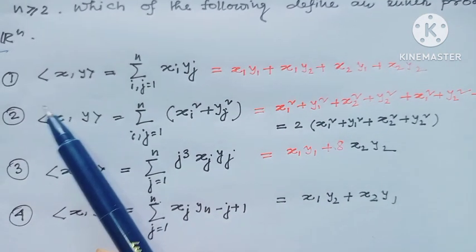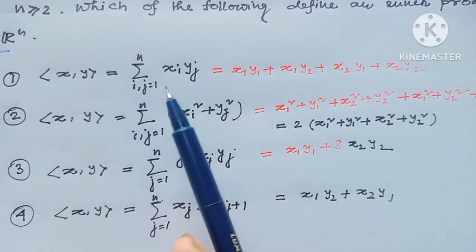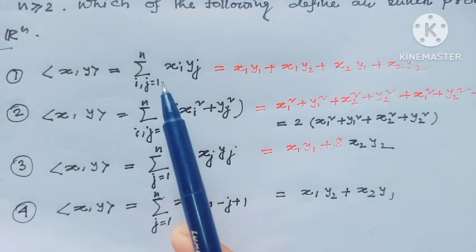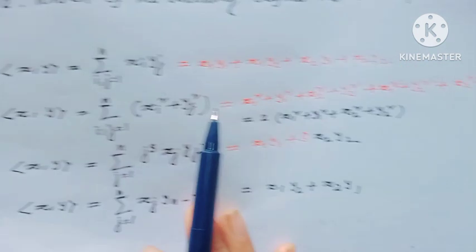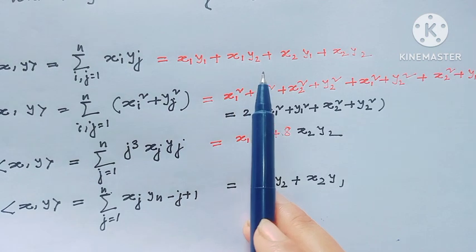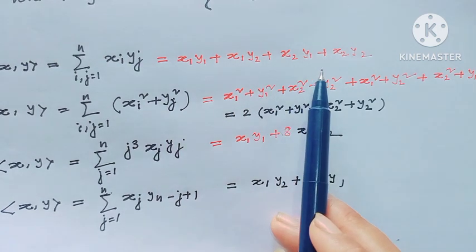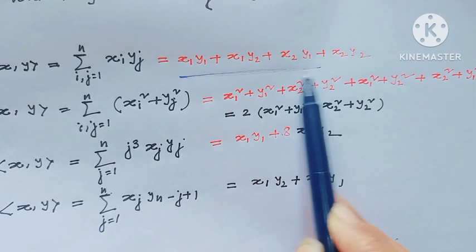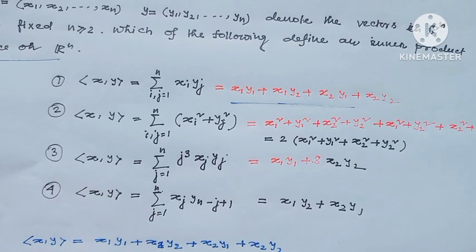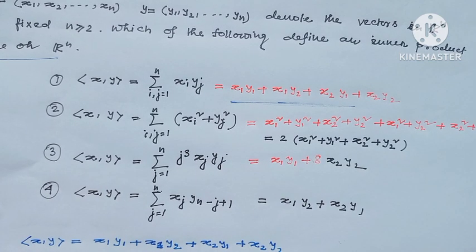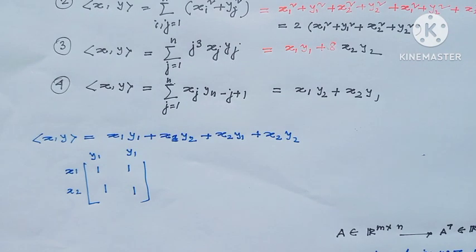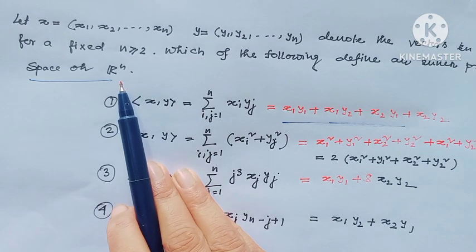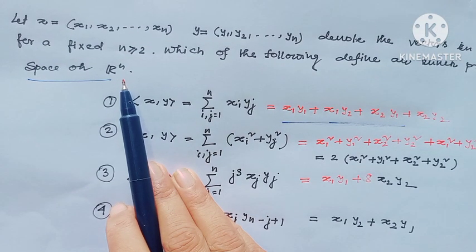In my previous video I had seen this question, first option, inner product x y equal to summation i, j from 1 to n of xi yj, which is equal to x1 y1 plus x1 y2 plus x2 y1 plus x2 y2. We can write this equation by matrix representation in this way. For short calculation, I have considered n equal to 2, because in my previous video I had also considered n equal to 2.